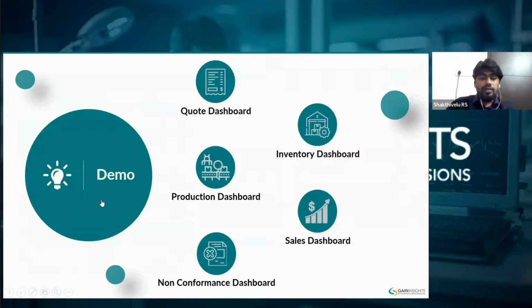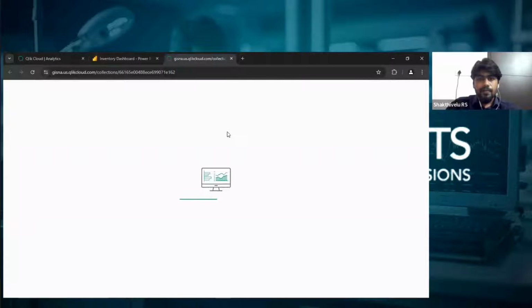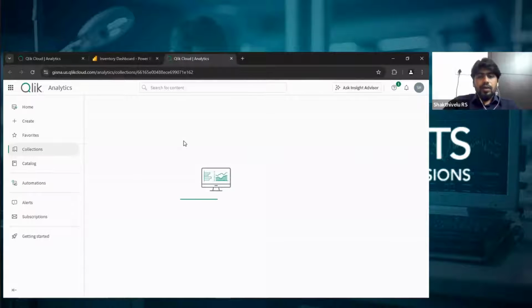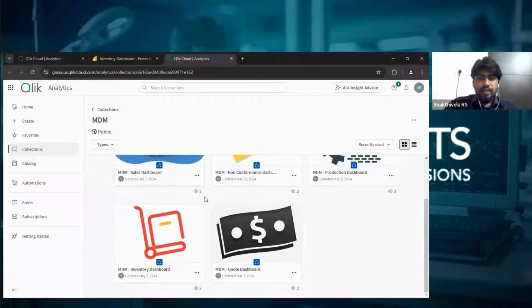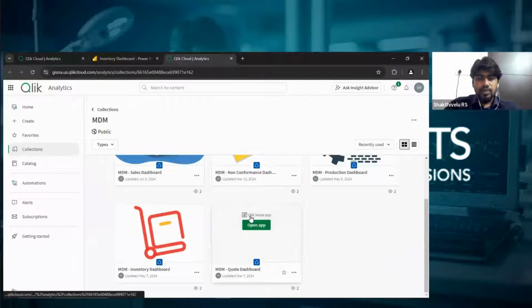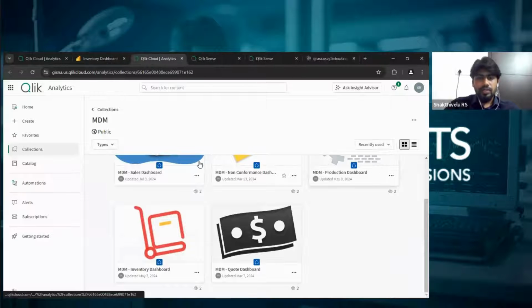So without further ado, let me dive into the dashboards. Let's give it a minute to load. Okay, so here we are. All these five dashboards are listed. Let me open them: quote dashboard, inventory, production, sales, and non-conformance.